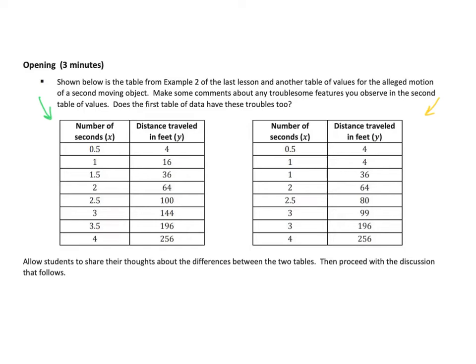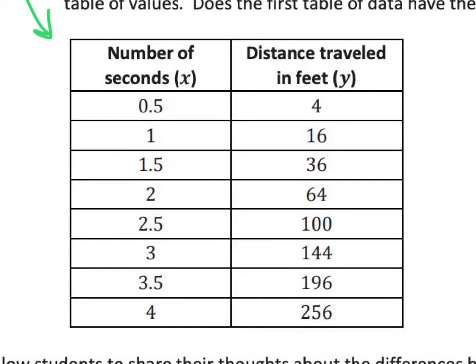So let's look at this first table of data. We have the number of seconds. I'm just going to go through. At half a second, this thing went 4 feet. At 1 second, 16 feet. 1.5, 36. 2, 64. At 2.5 seconds, this traveled 100 feet. 3 seconds, 144. 3.5, 196. 4 seconds, 256.